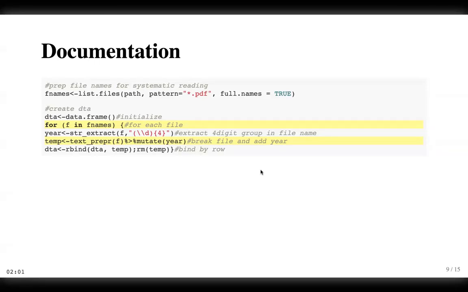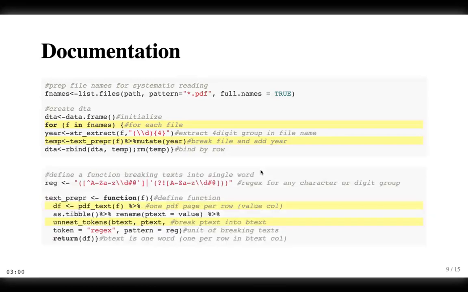Then we use a self-built function called text prepper to read the file. This function reads a PDF file and breaks all text in the file into single words per row. I'll show you details about this function soon. We end up getting 0.7 million rows, as I mentioned before. So each row is one word from the program guide, along with the year of the program guide in which the word appeared.